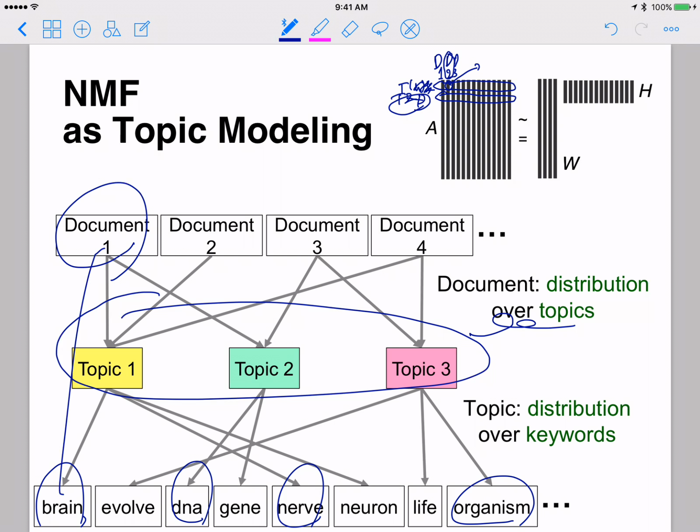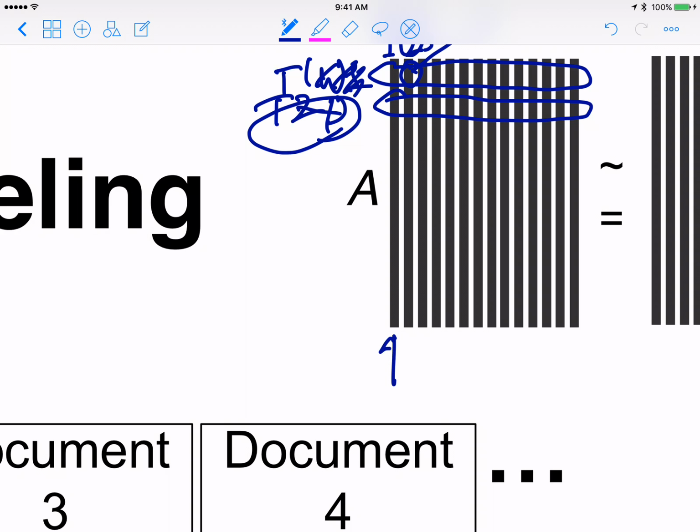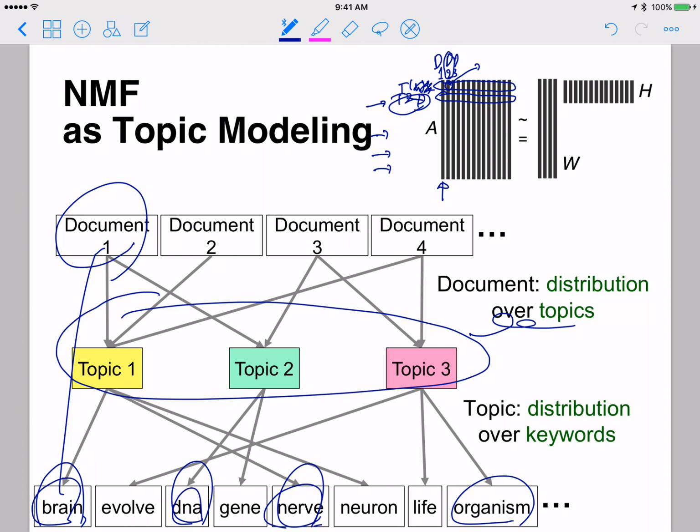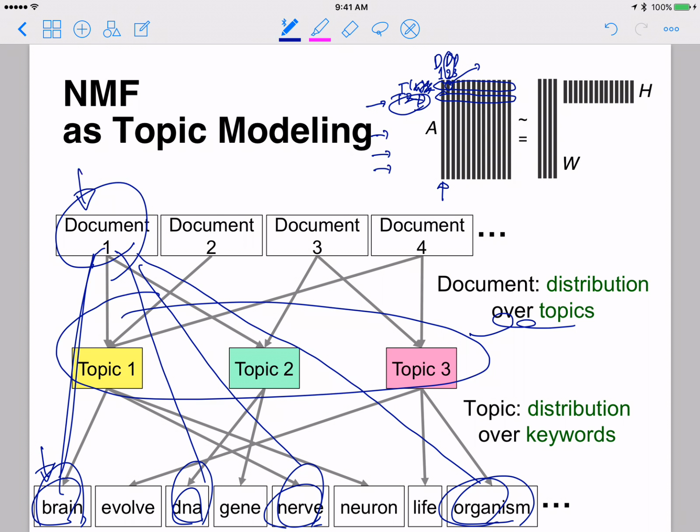In the case of the column vector of document 1, the corresponding terms brain, DNA, nerve, and organism can be considered as being connected from document 1. The strength of this connection can be viewed as the number of occurrences of this particular term in document 1. So that way we can think about this bipartite graph.